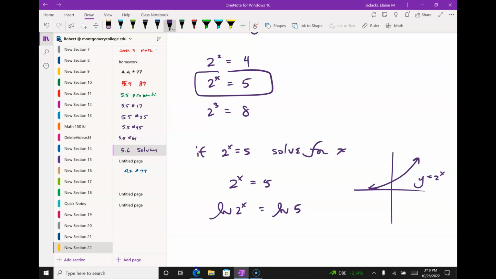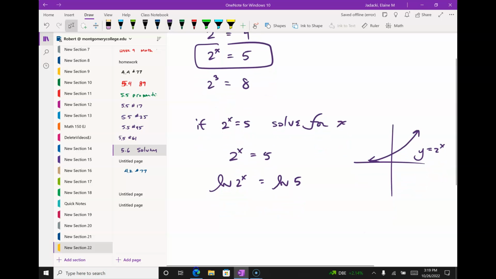What does that mean? If I take a 1-to-1 function and wrap it around something equal, I keep equal. So ln of both sides is still equal because they're 1-to-1.